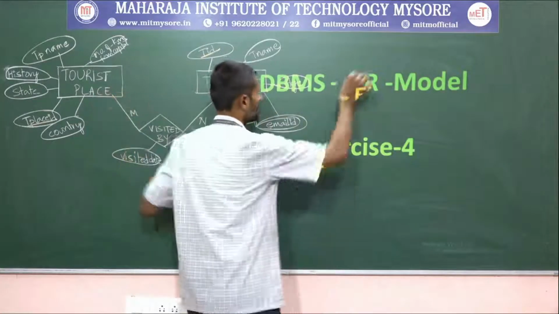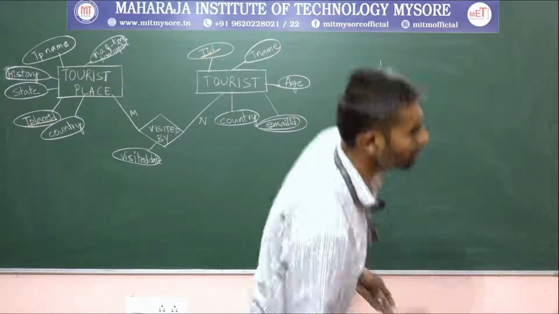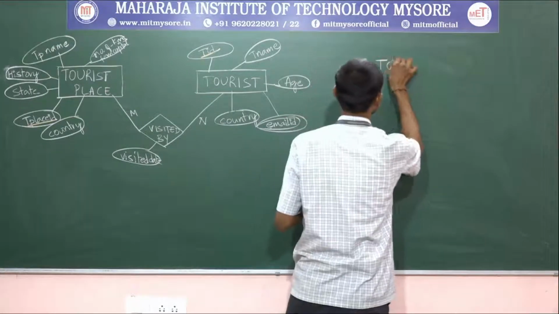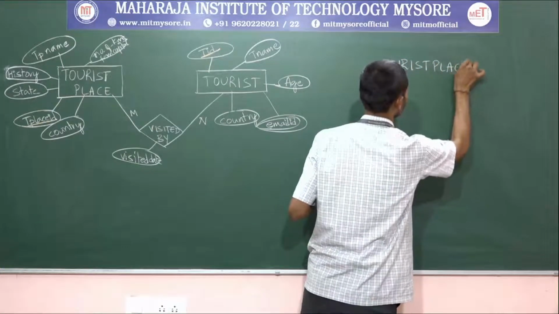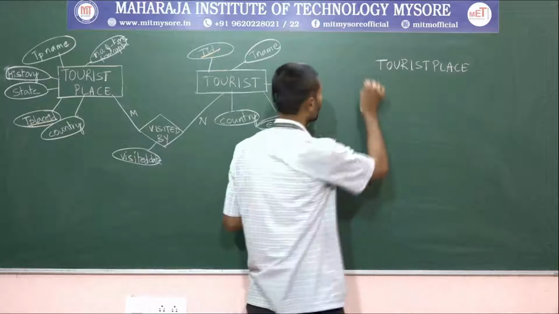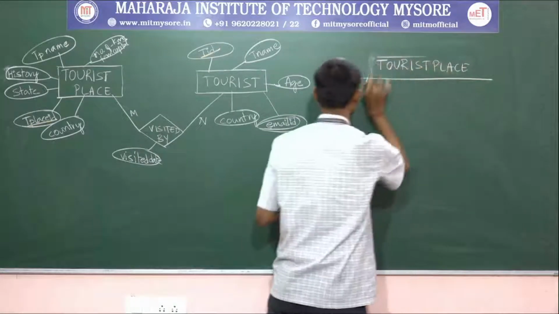In the name of what? One is tourist place, right, tourist place. For that I'll go with creating one relation.